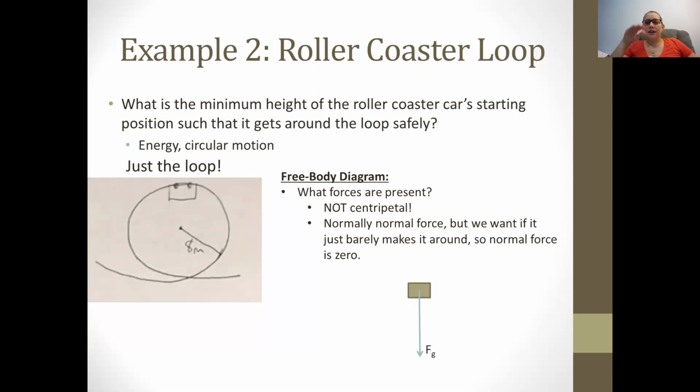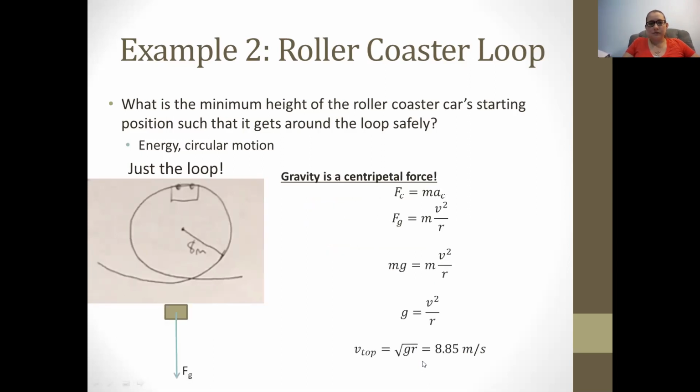But if we want the case where it just barely makes it around, right, the minimum height needed for this car to make it around the loop, then our normal force would be 0. So we're just dealing with the force of gravity. Okay. But here, the force of gravity is directed toward the center of the circle, so it is a centripetal force.